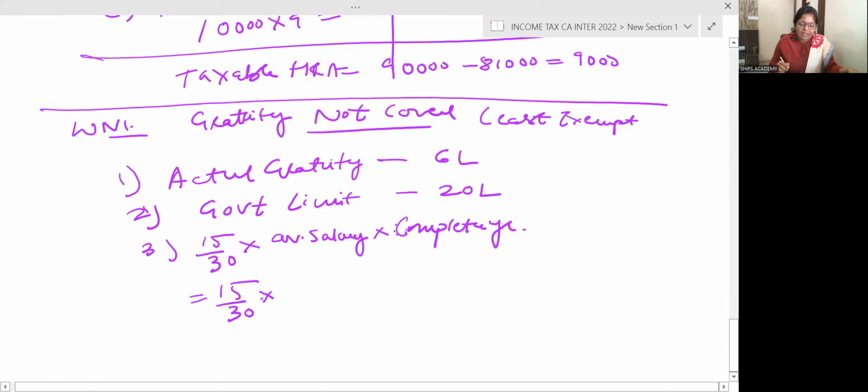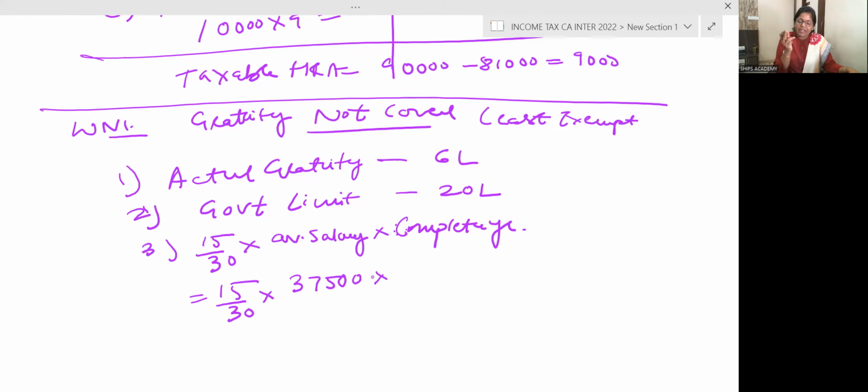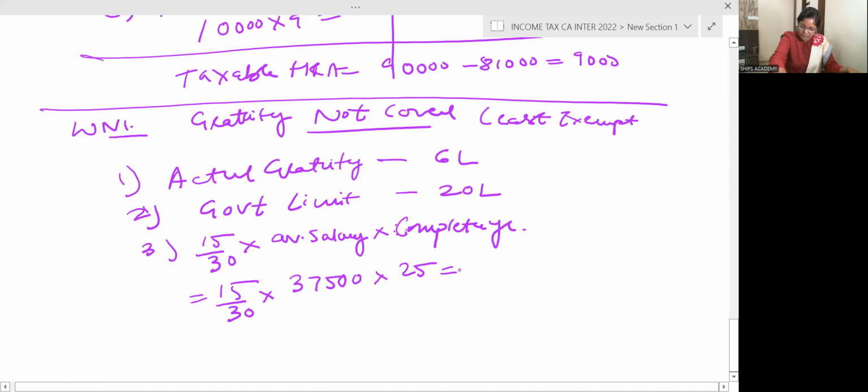Look at the screen, I am at point C. The average salary given is 37,500 for the 10 months. If it is covered under the gratuity Act, then it is last drawn salary. There we take fraction. Here we don't take fraction. So 25 years and 9 months, so take 25. 37,500 into 15 by 30 into 25.